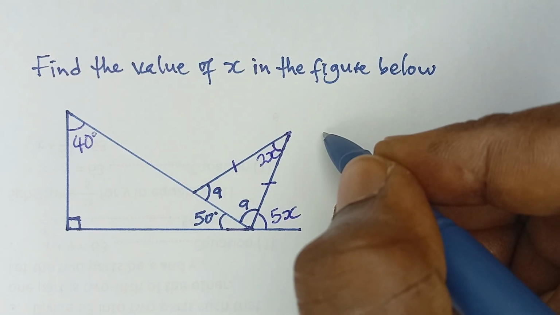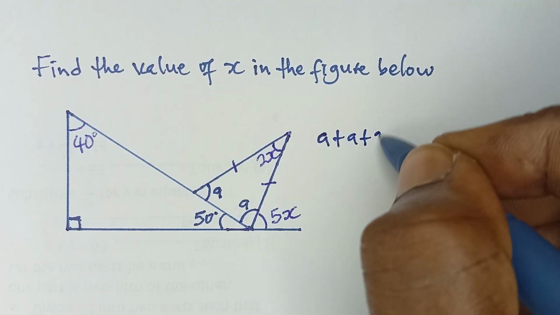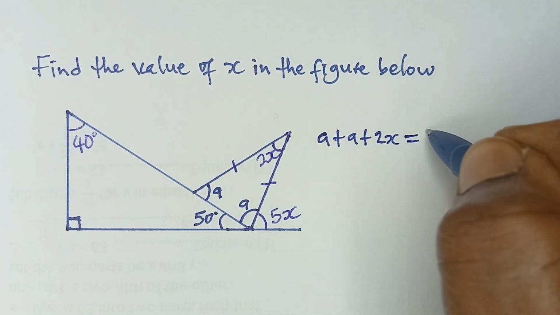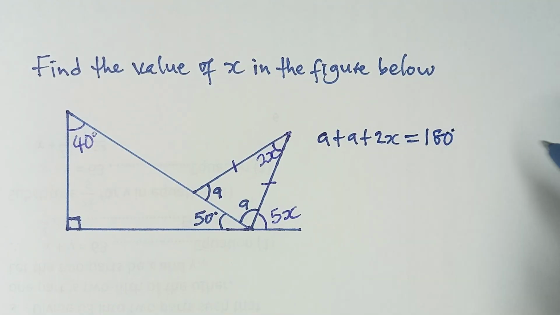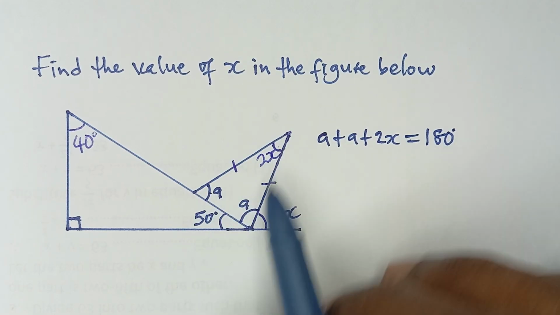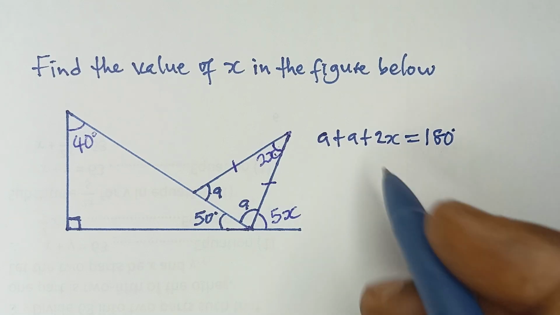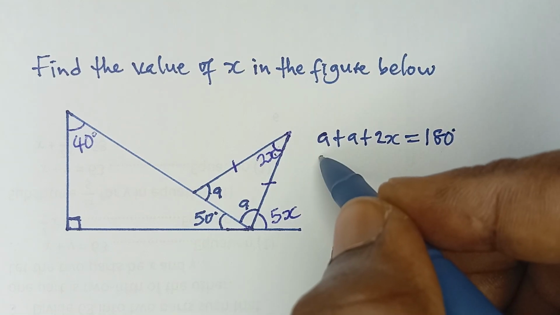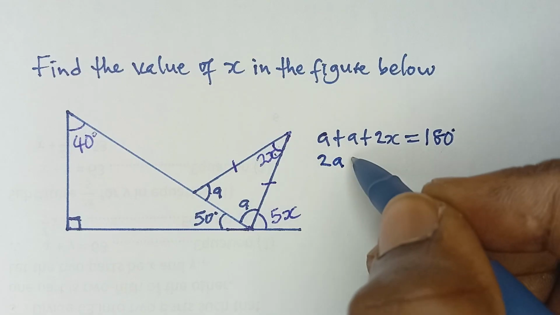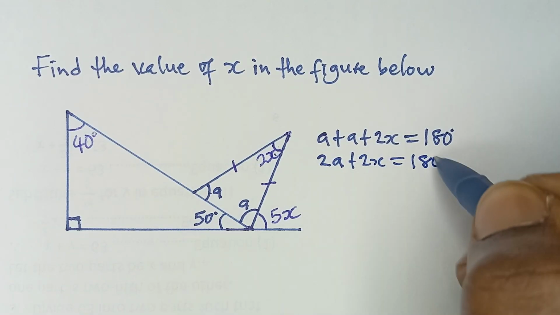So I'm going to say A plus A plus 2x is equal to 180 degrees, because the total sum of angles in a triangle is 180. A plus A is 2A, and then plus 2x is equal to 180 degrees.